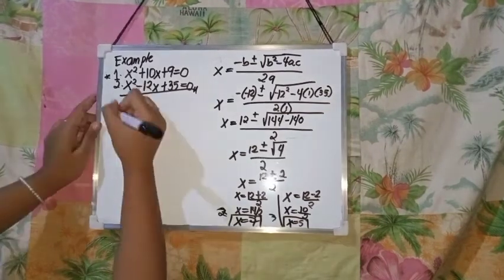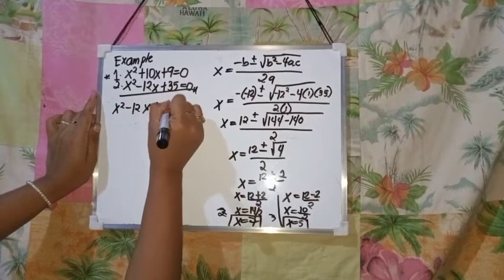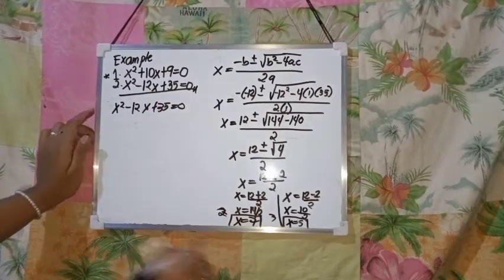So, checking. X squared minus 12x plus 35 equals 0. The first value of x is 7.